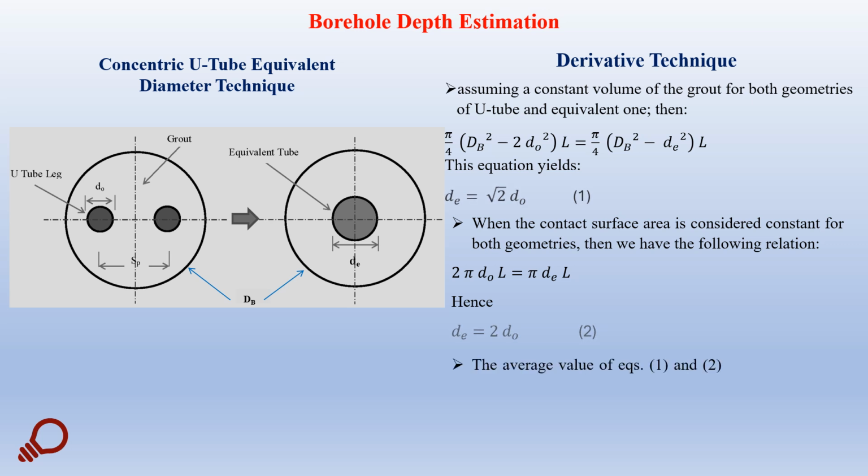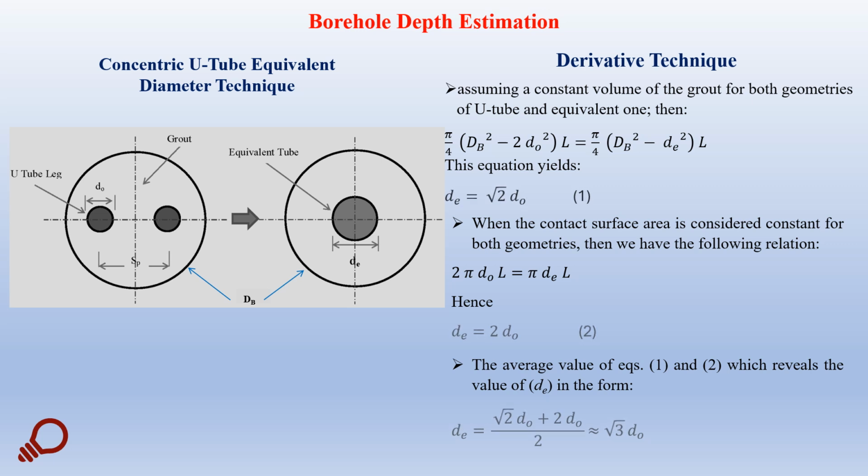So if we take the average value, to include both effects in the final model, constant grout volume and constant surface area, then we will end with D equivalent equal to square root of 3 times D_0.